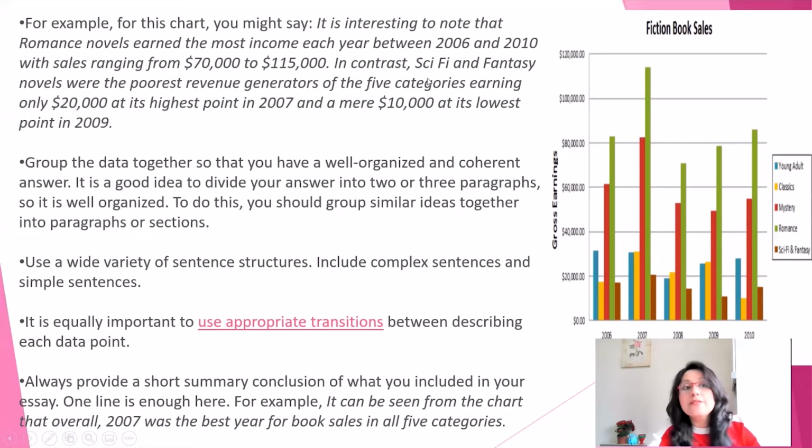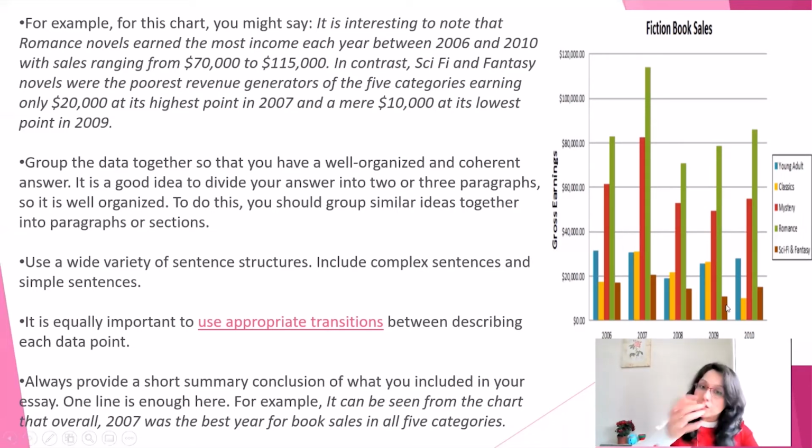In contrast, sci-fi and fantasy novels were the poorest revenue generators of the 5 categories, earning only £20,000 at their highest point in 2007 and a mere £10,000 at their lowest point in 2009. So where was it the highest? Here, in 2007, and a mere £10,000 at its lowest in 2009 over here.